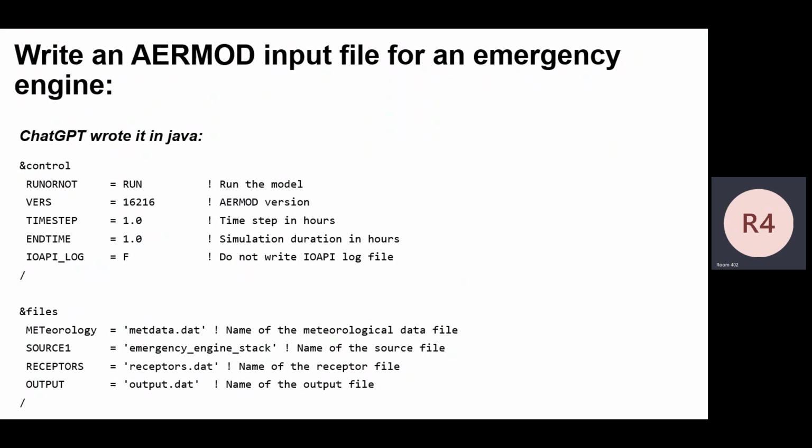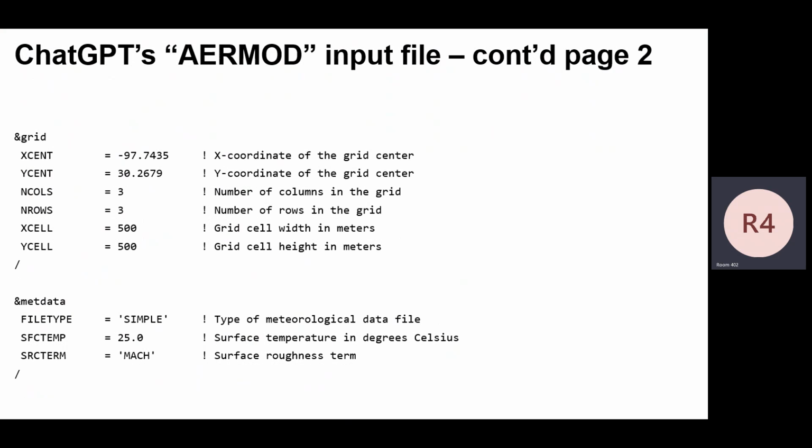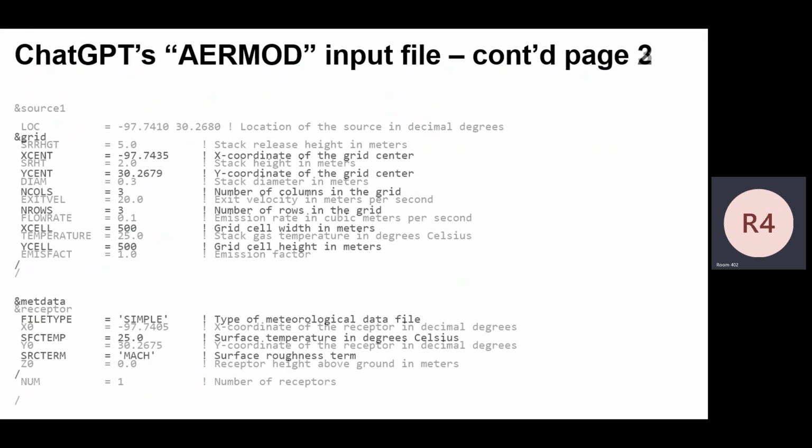And it knows about time step, but the time step is not explicitly spelled out in the input file. For receptors, it puts a separate receptor file, but the receptor grid looks like something more like photochemical grid modeling, talking about grid and cells. It still makes sense, but it's nowhere close to helping us write an input file yet.